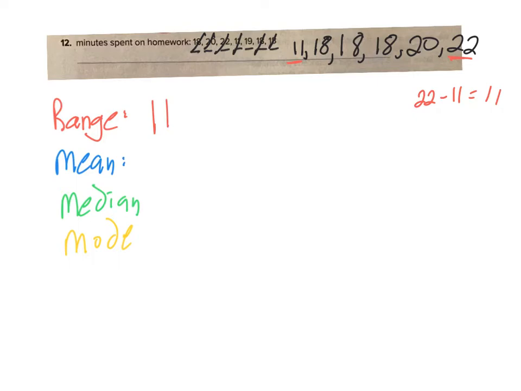Remember, mean is average. So the way you find the average is you add them all up. 11 plus 18 plus 18 plus 18 plus 20 plus 22. I'm going to do that on my handy dandy calculator.